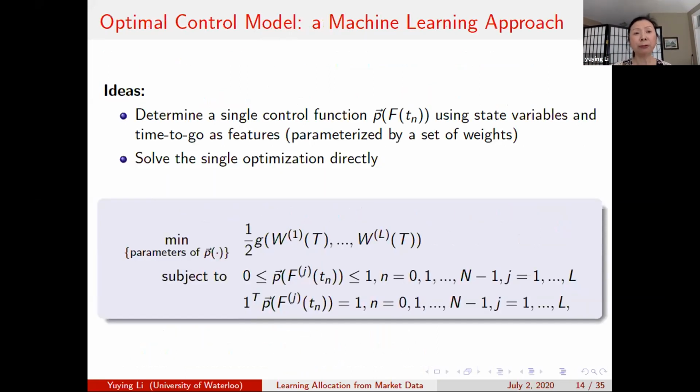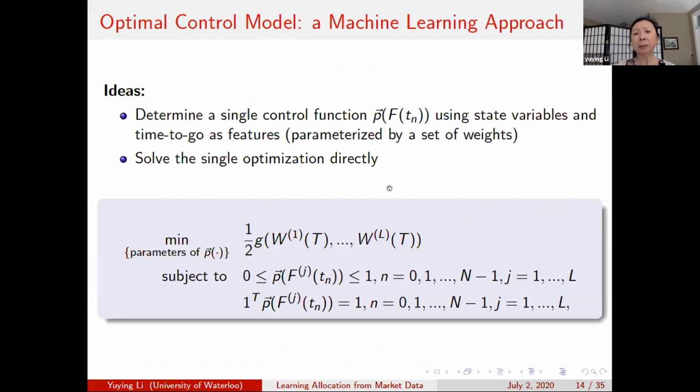Okay, so what do I do? Of course, everybody thinks, well, let's do a machine learning approach, right? What we want is the optimal control at all those n rebalancing times. So the idea we apply is that I'm going to assume the optimal control is a function of some features.